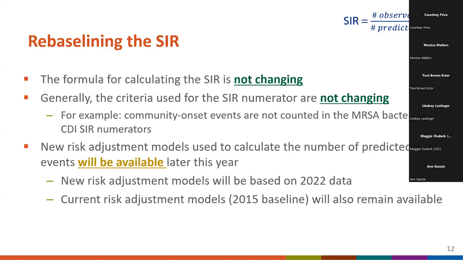So you will still have the option to use the 2015 baseline and the 2015 risk models if you want to when generating an SIR report from NHSN in the exact same way that you currently are doing it. So you will have plenty of time to get adjusted to the new models. There is no pressure. There's no pressing deadline for you to immediately stop what you're doing and adopt the new baseline and incorporate these new SIR reports into your work. We will talk a little bit later towards the end of the presentation about timelines, but just know that you will have the option to use either baseline in your work.